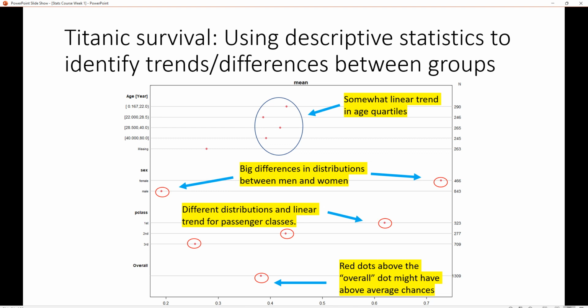If we have an outcome of whether passengers survived or not, we can begin to look at mean rates between groups, such as men and women or passenger class, but we can also look at trends in continuous variables such as age. And so we can begin to explain more about what is going on in the data.